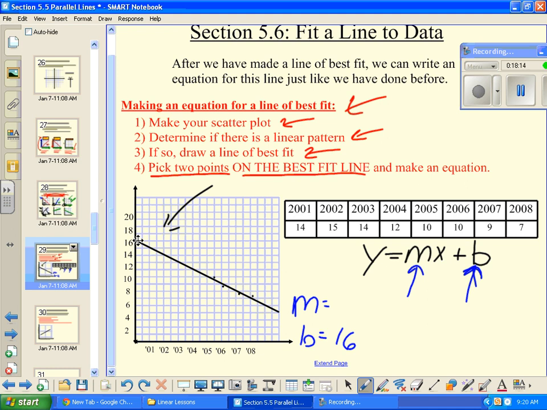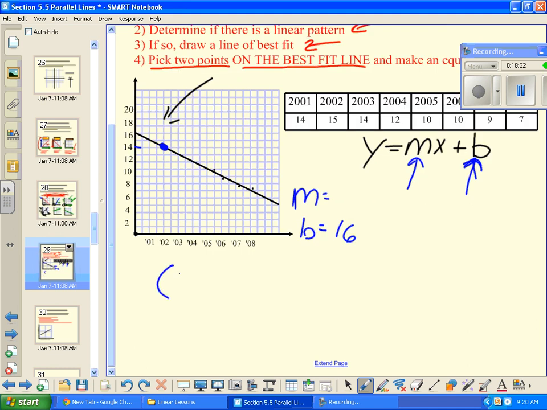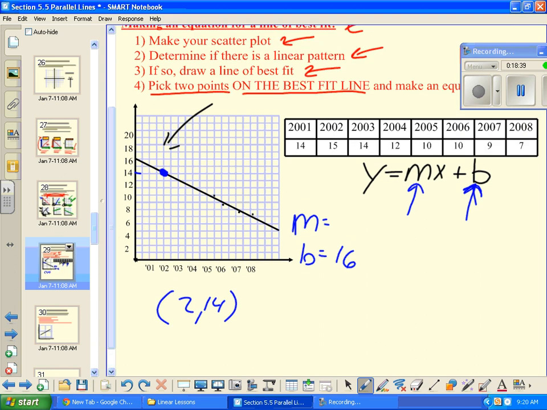But as I look at my graph here, let's see, I'll try to pick some out. It looks like here's a point right here, 14 in the year 2002. Maybe this isn't a point in the data, but I can see right on my line here there's a point at 2, 14. In 2002, they had 14 wins, or they might not have actually had that, but that's a point that's on my line, and my line is showing the pattern, so I'm going to use that.